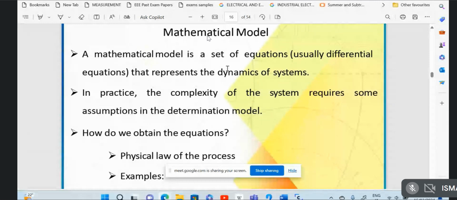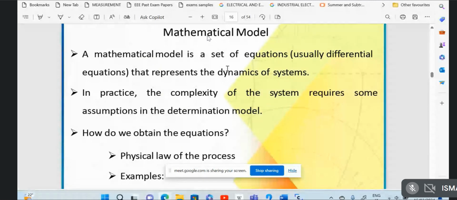If they are linear, the input and output are related in a straight line. If the input increases, the output increases; if the input decreases, the output decreases. So they work in tandem. They are related. But some are not linear. Sometimes the input is increasing, but the output is going down.